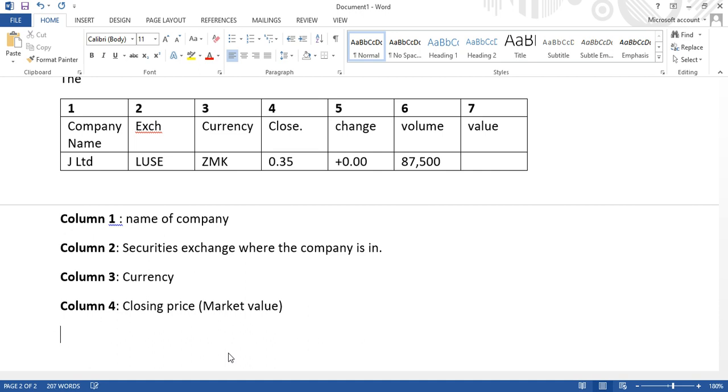And column five shows the change in the share price.